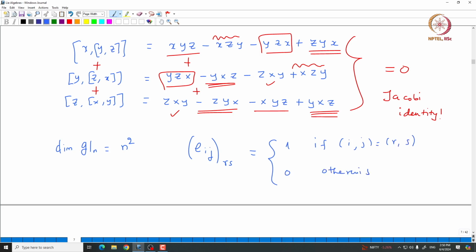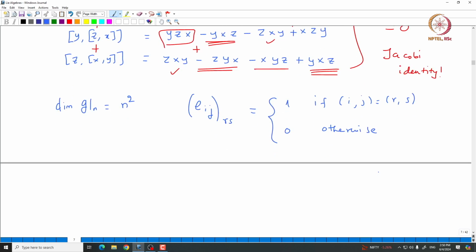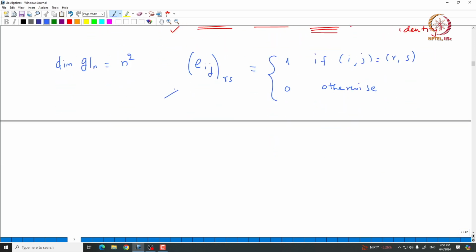So if we take this matrix E_ij, this is an n by n matrix with the rs-th entry 1 if (i,j) equals (r,s), otherwise 0. Then if we collect all these E_ij, with i and j running from 1 to n, this will form a basis of GL_n(C).